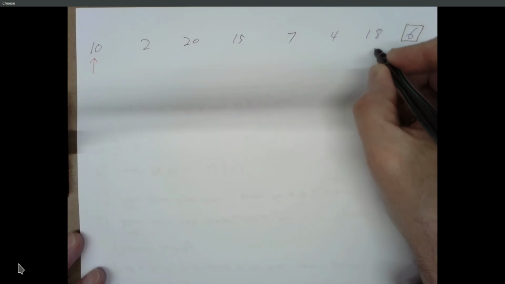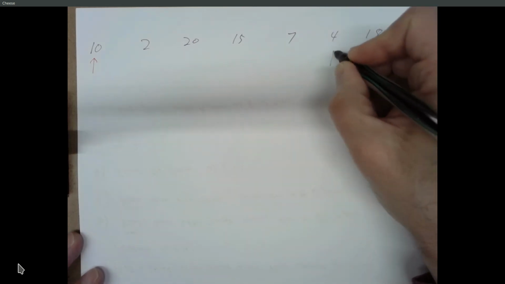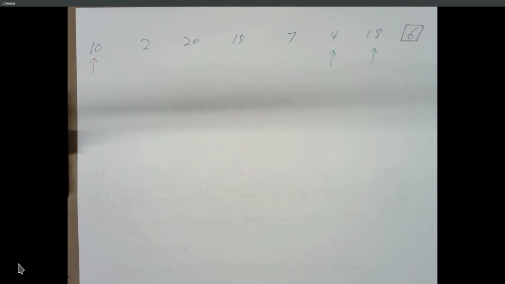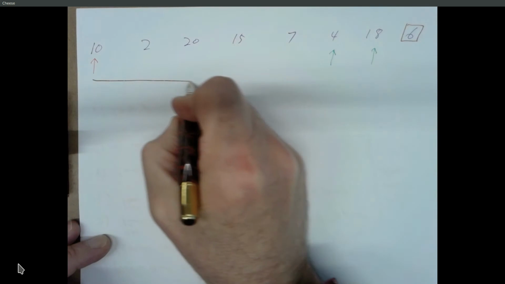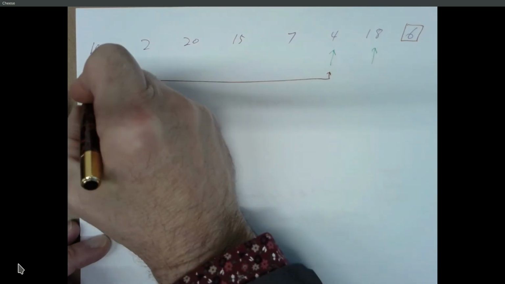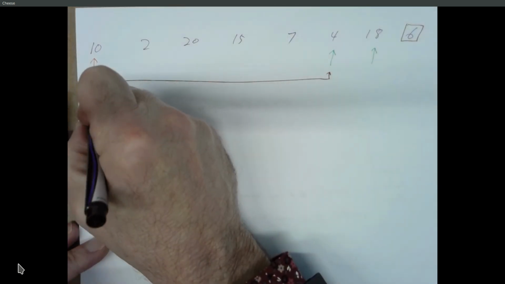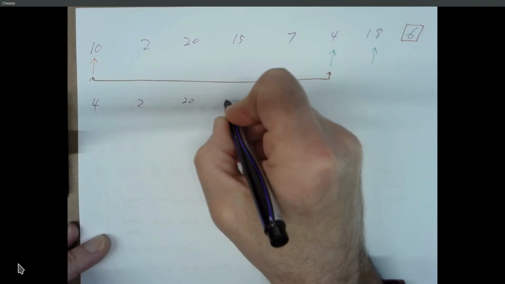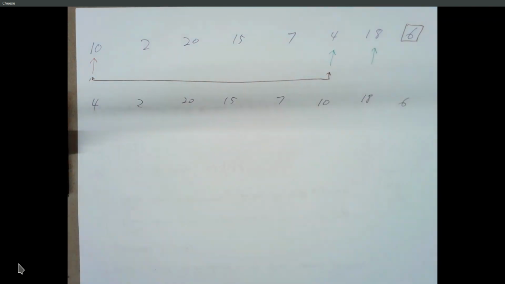And now we start from the right and we try to find numbers smaller than 6. Well, 18 is fine. 4 is smaller. So relative to each other, these two are in the wrong positions. So we're going to swap them. So this is going to become 4, 2, 20, 15, 7, 10, 18, 6.